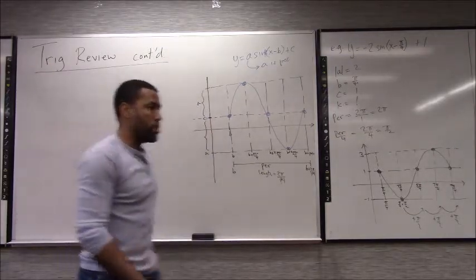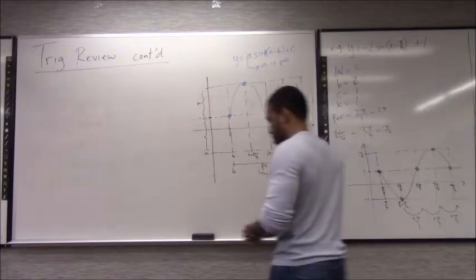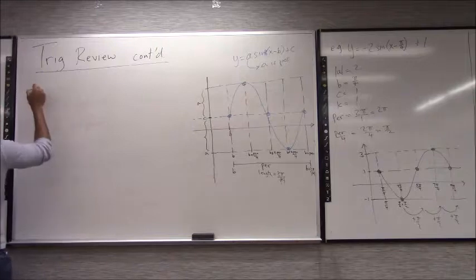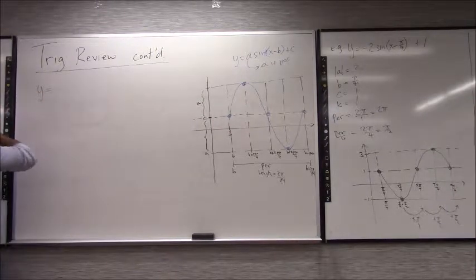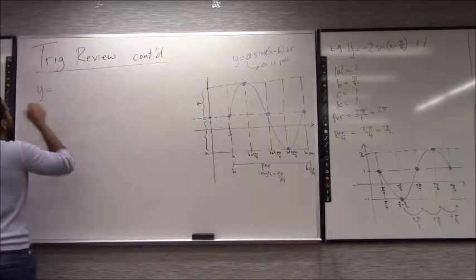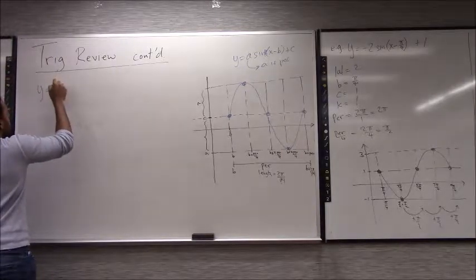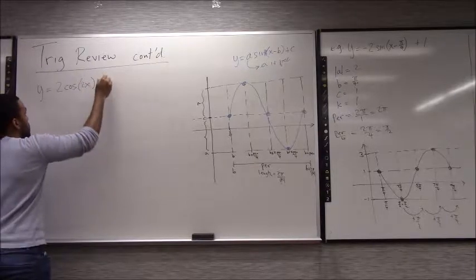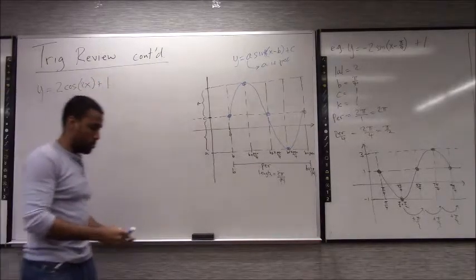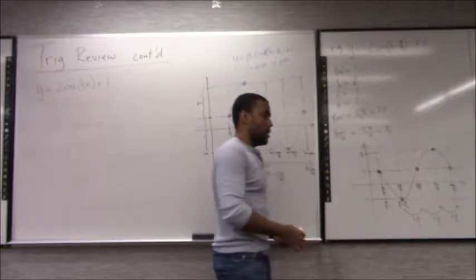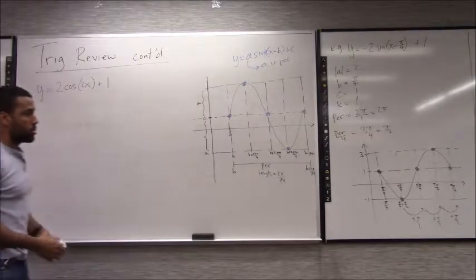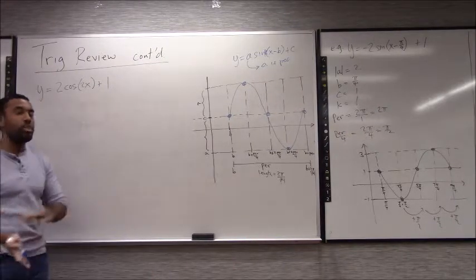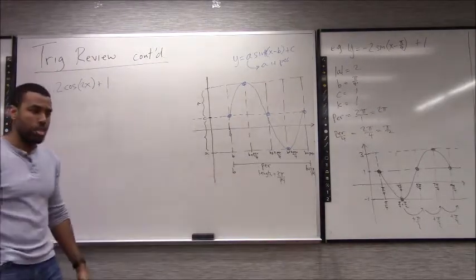Let's do something that's going to be a little more relevant later on. So let's say something like y equals 2 cosine 2x plus 1. So the idea is we will actually be sketching things like this in a completely different coordinate system other than the xy plane.